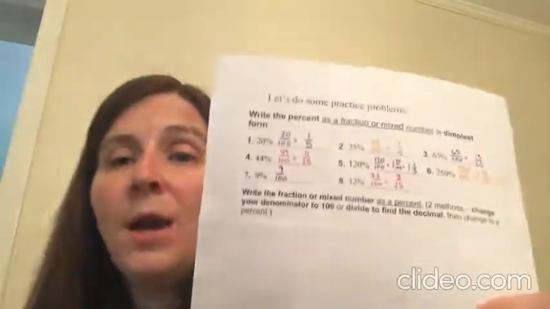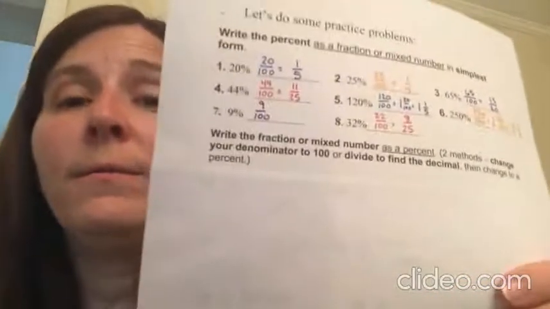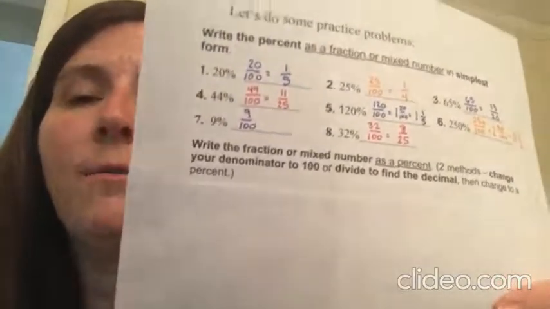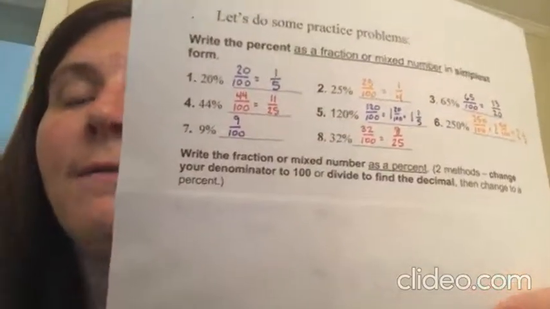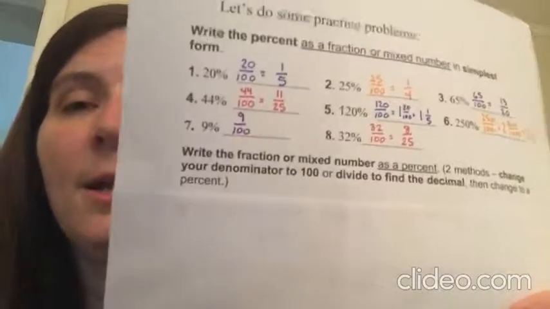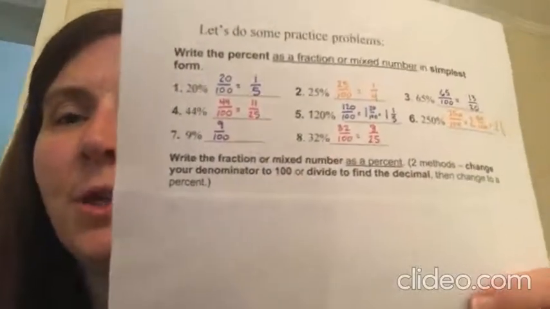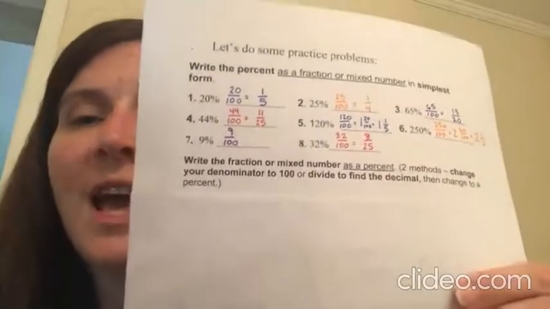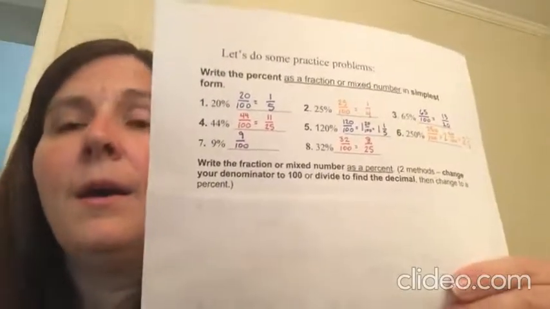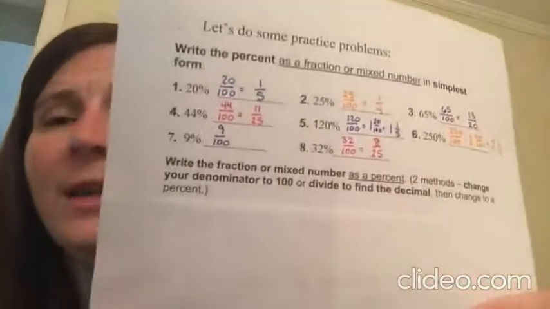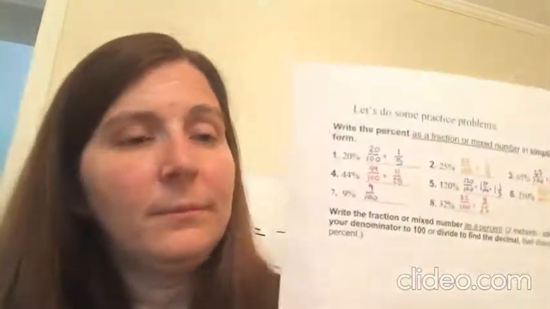Now, not all fractions can change the denominator into 100. And so I'm going to use method 2 because each of you should have a calculator. And so doing that division shouldn't be too bad. Okay, let's see.